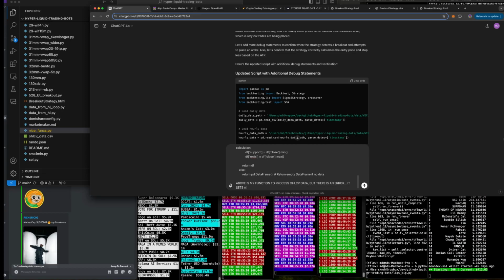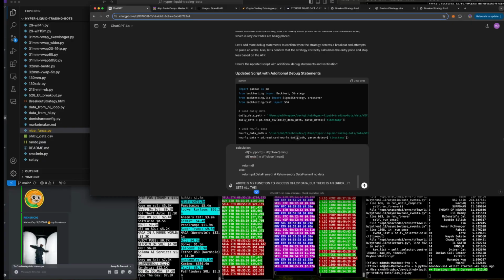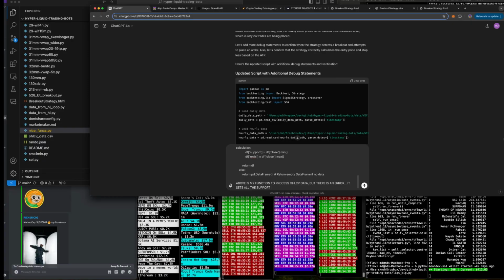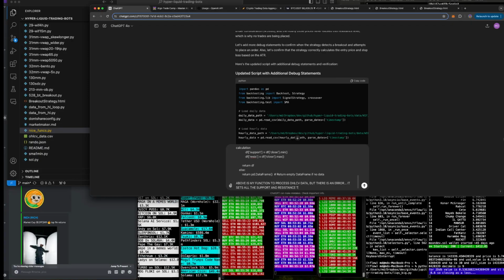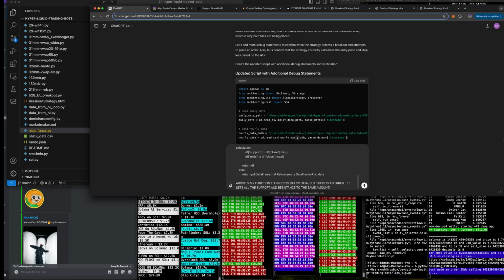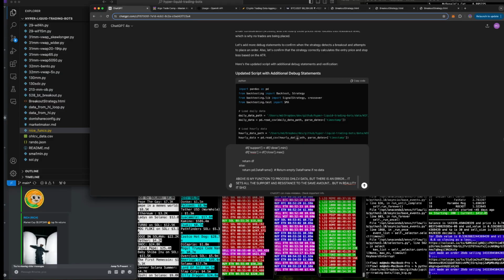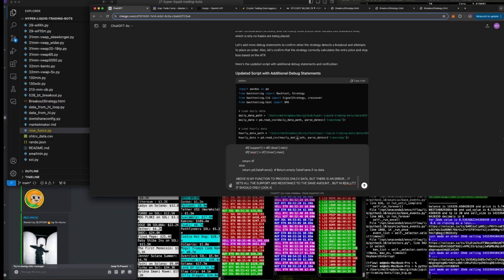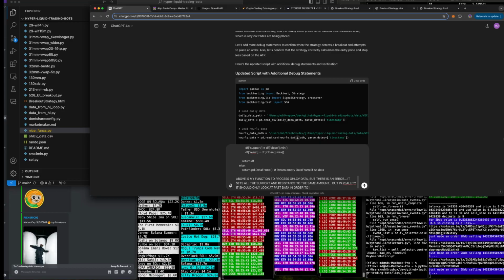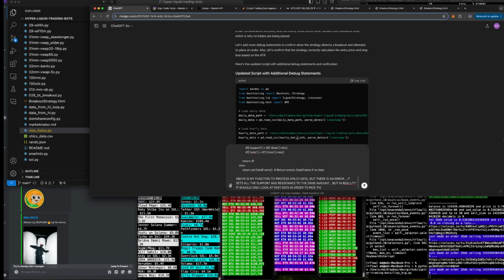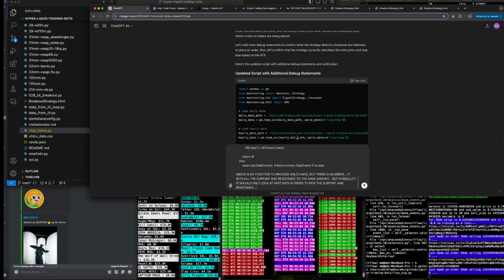It sets all the support and resistance to the same amount, but in reality, it should only look at past data in order to pick the support and resistance.